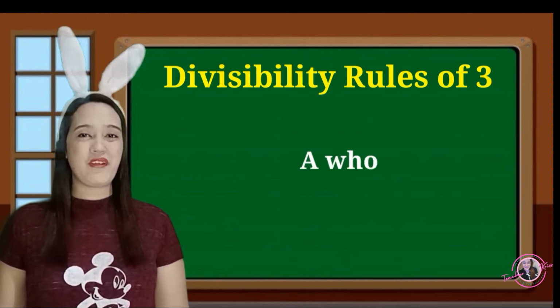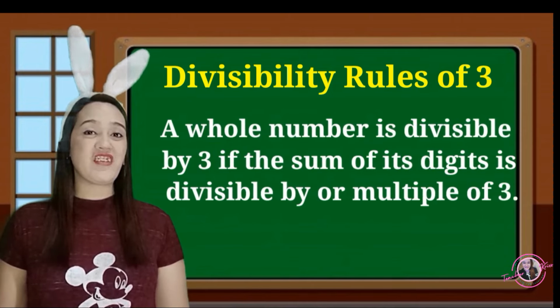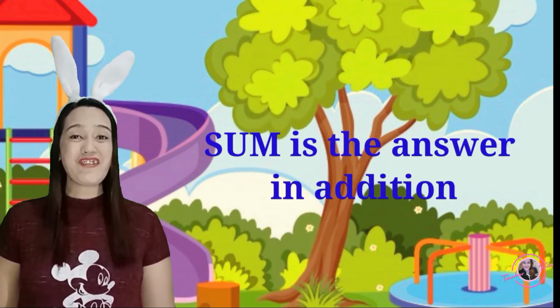A whole number is divisible by 3 if the sum of all the digits is divisible by or a multiple of 3. But wait, what do we mean by sum? Sum is the answer in addition, meaning we're going to use addition to find out if a number is divisible by 3.